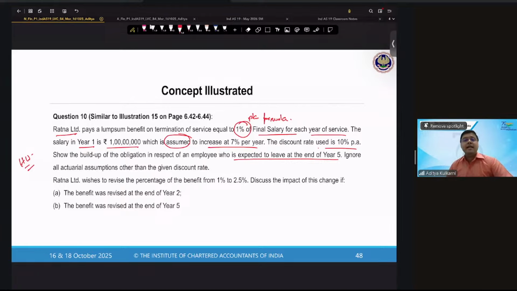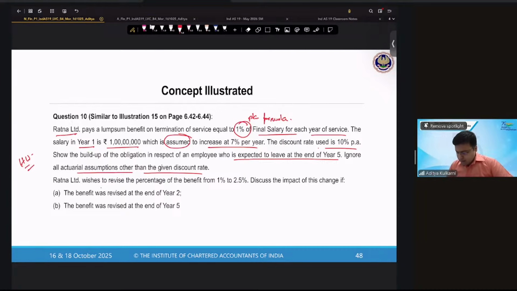So this is again an actuarial assumption. It could be either an attrition assumption or his remaining tenure of service. Whatever it is, he is expected to leave at the end of year 5. Ignore all other actuarial assumptions other than the given discount rate. So apart from this, please don't assume anything else.